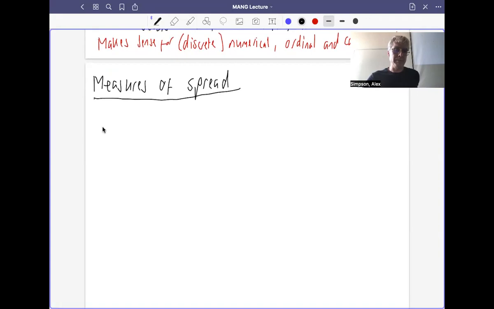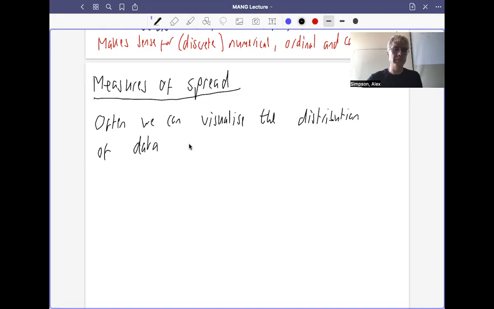One of the ways that you probably learnt about this at school, or you'll have seen in many presentations of statistics: often we can visualize the distribution of data using what's called a histogram, which is another word for something that's more simply called a bar chart.